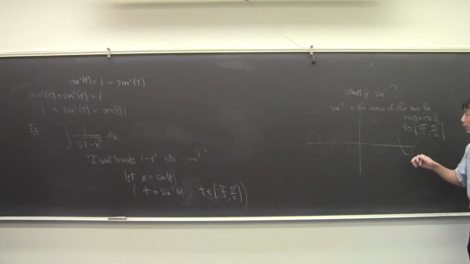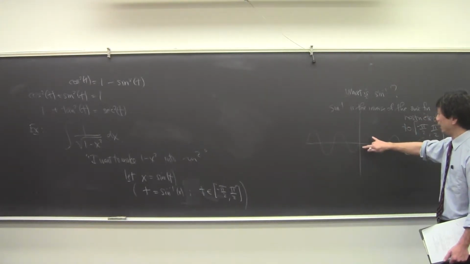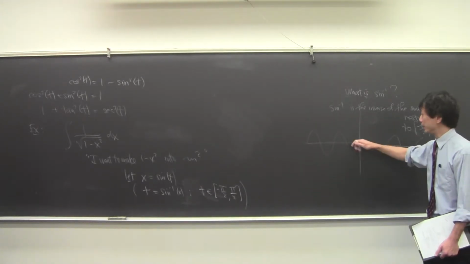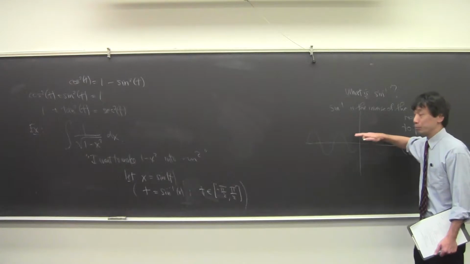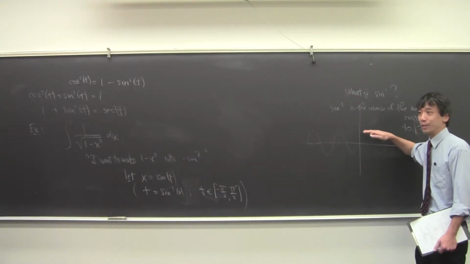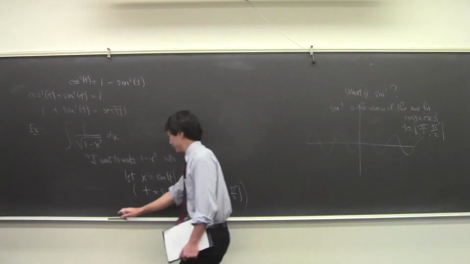So you may remember when you did inverse functions in pre-calculus or Calc 1, you said, well, look, we can't invert the sine function, right? Because in order to be invertible, you have to pass a horizontal line test, and this thing very much fails the horizontal line test.